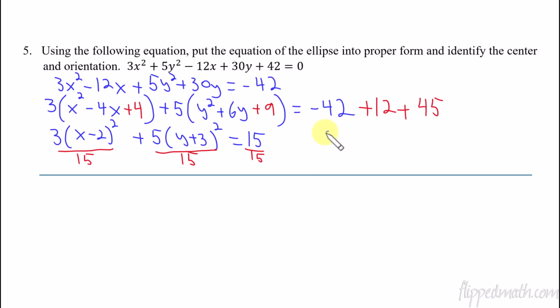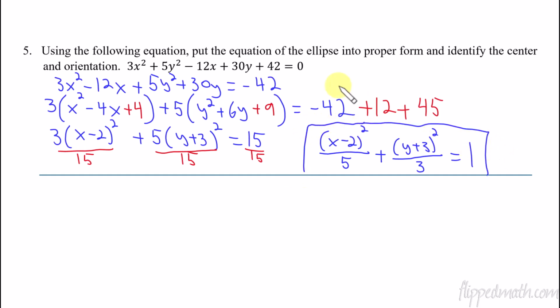That now just reduces to, we have x minus 2 quantity squared over 5 plus y plus 3 quantity squared over, and this reduces 5/15 becomes 1 over 3, and then it equals 1, and there we go. We've got our standard form for an equation of an ellipse, and we used all these Algebra 2 techniques to help complete the square and get through that.